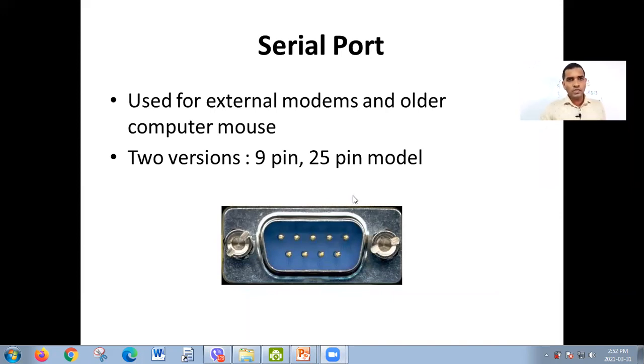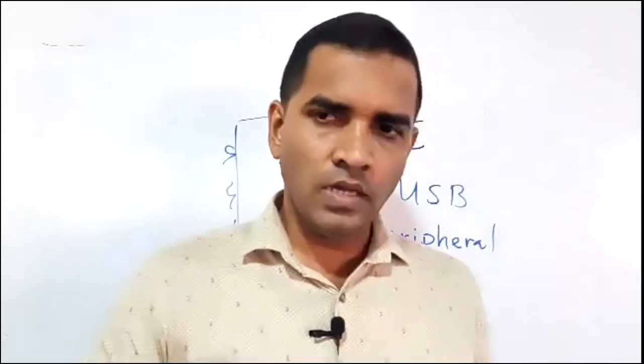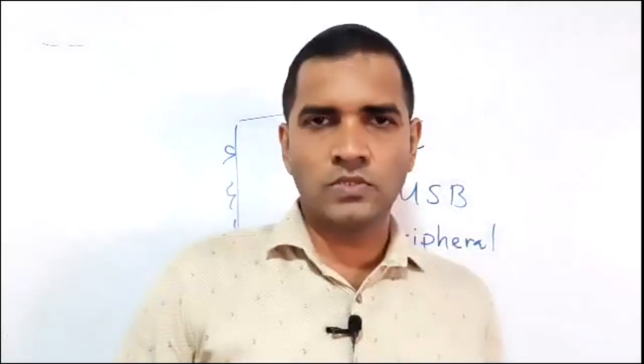Maybe years ago, we used a device called a modem, an external modem, for getting internet. That external modem was connected to the serial port. And the old mouse, sometimes called a serial mouse, right?